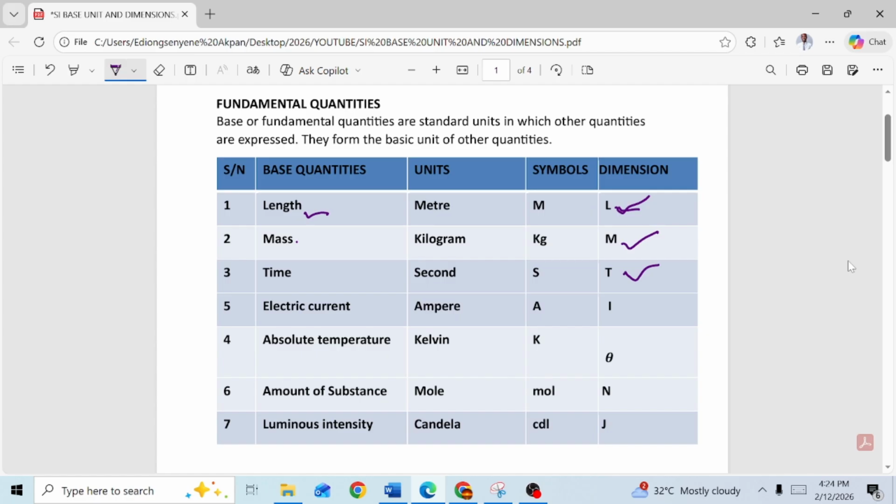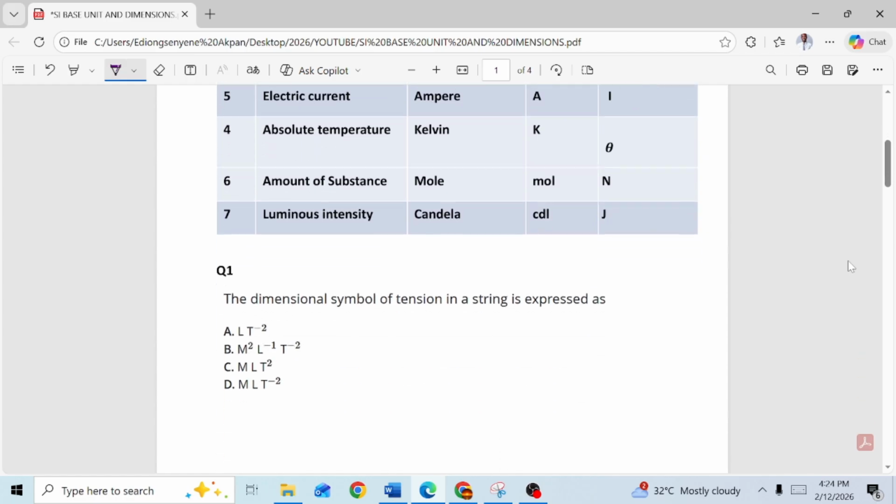Let's begin with question number 1. The dimensional symbol of tension in a string is expressed as dash. Tension is an example of force, and unit for force is mass times acceleration.